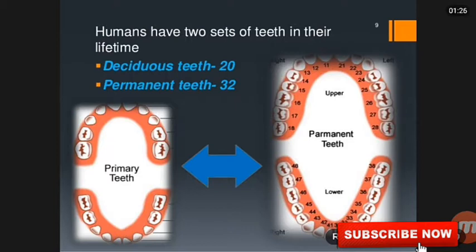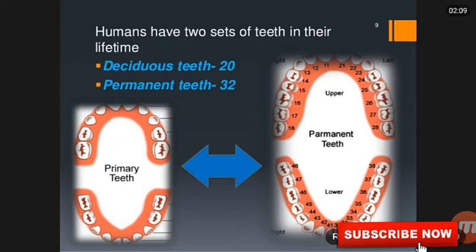The deciduous teeth are 20 in number and the permanent teeth are 32. The deciduous formula is 2102, that is central incisor, lateral incisor, one canine, zero premolars, and two molars, the first molar and the second molar.